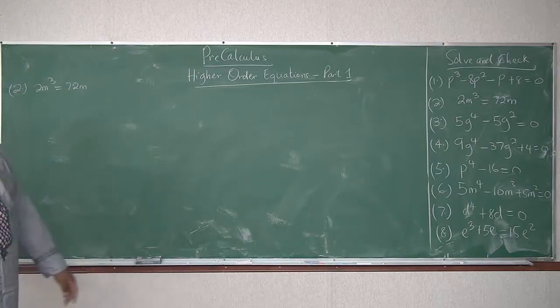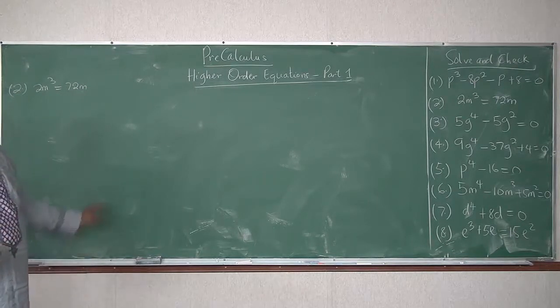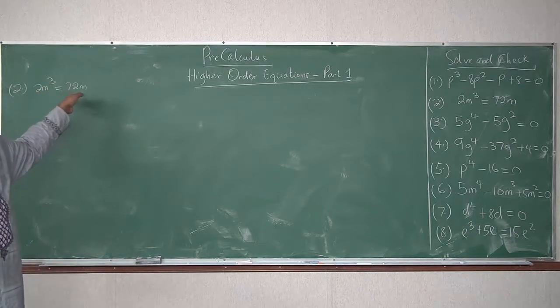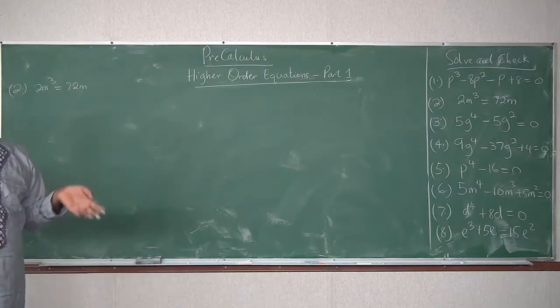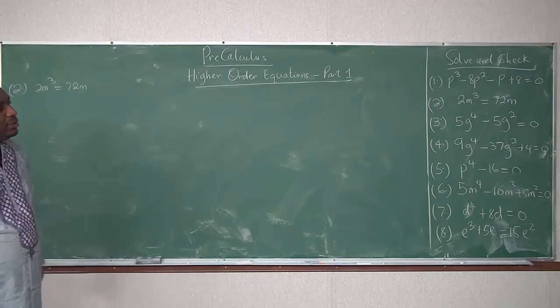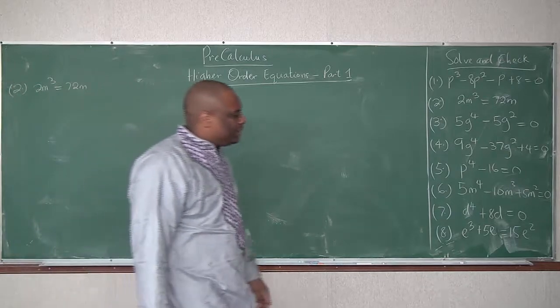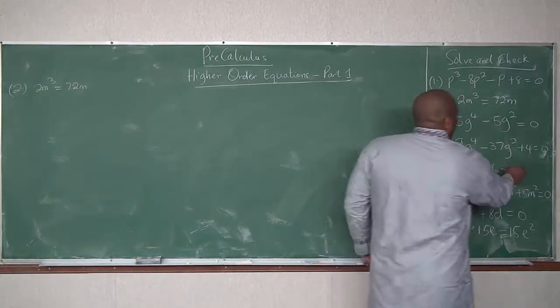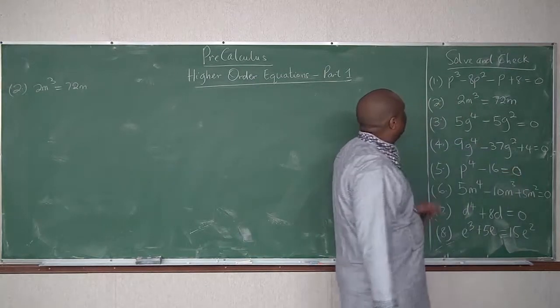The first thing you always want to do, when you have equations like this, always set it equal to 0. That's the first thing. If your equations are not set equal to 0, you always want to set it equal to 0.